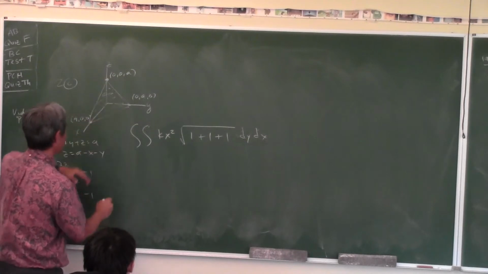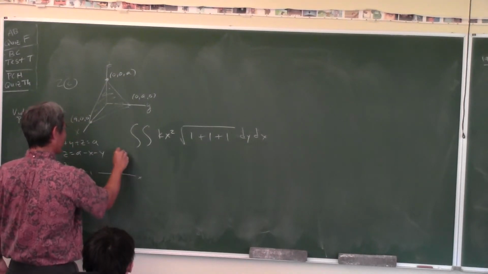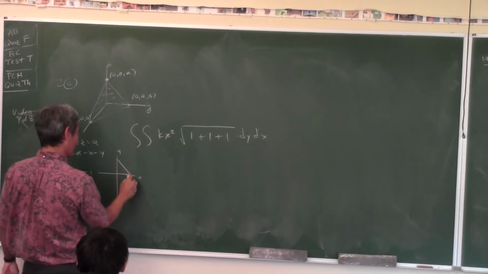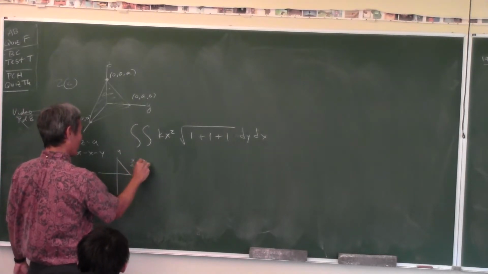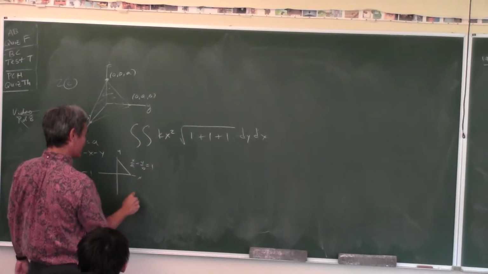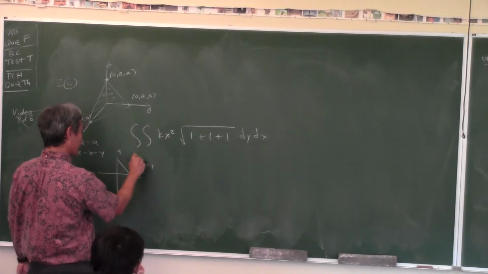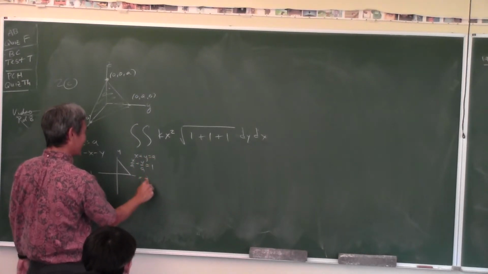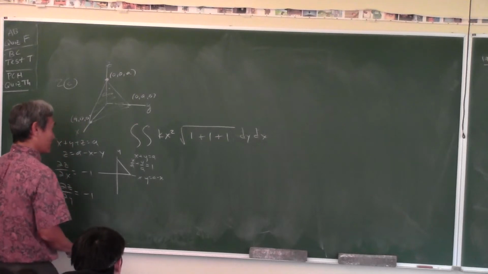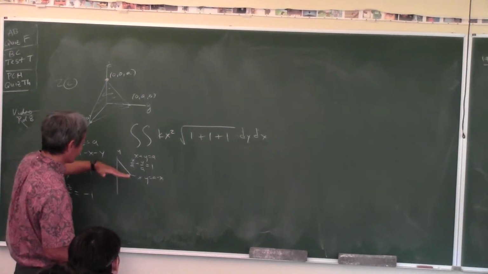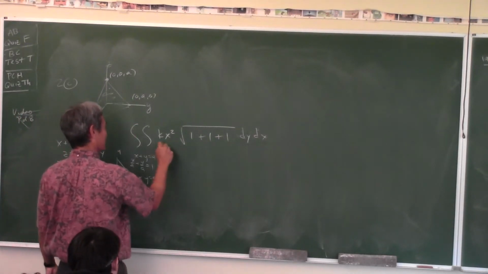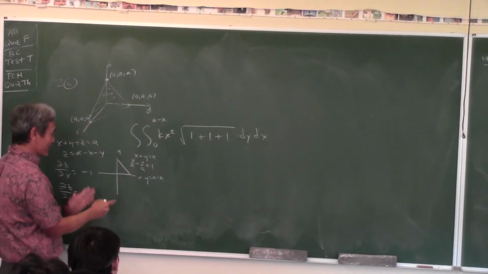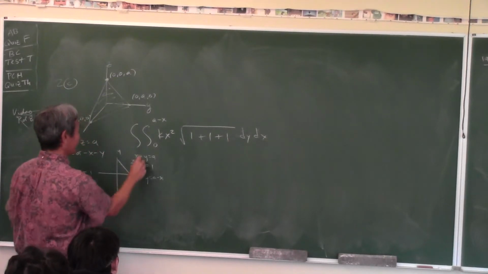If you smash this down onto the xy plane, you're going to see this triangle. So x plus y equals a, so y equals a minus x. If you integrate with respect to y first, it's going to go from 0 to a minus x. And then if you integrate with respect to x, it's going to go from 0 to a.